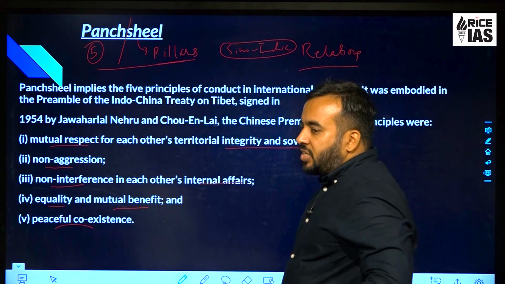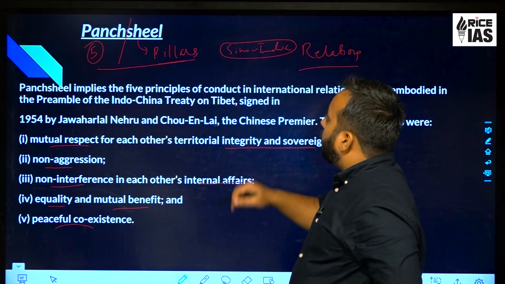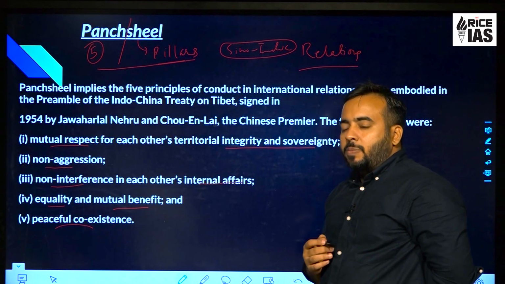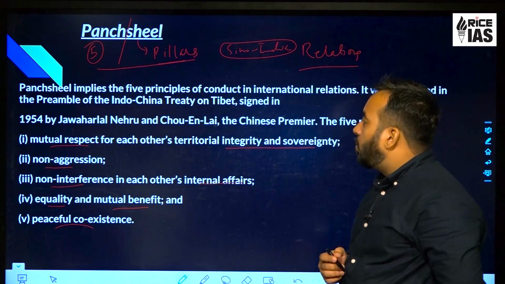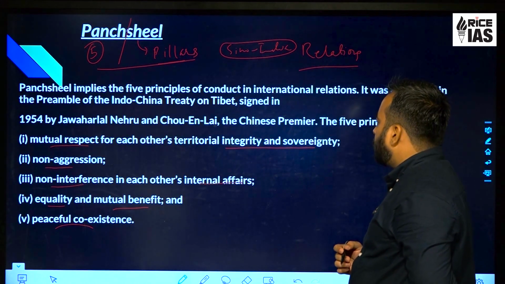The idea of Panchashil was adopted by many nations, and Panchashil as a doctrine has been one of the most important contributions of India's foreign policy to other countries' foreign policy.